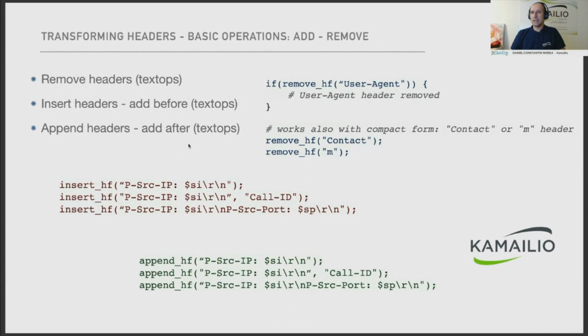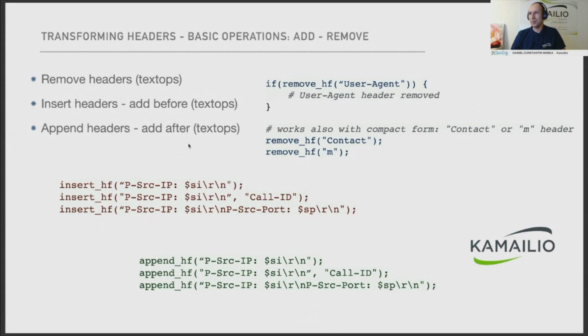The next part that I'm gonna touch would be about changing the headers, so the part related to the headers. And here the structure of a header is like name, colon, value, or the body of the header. And we have the basic operations like adding headers or removing headers.